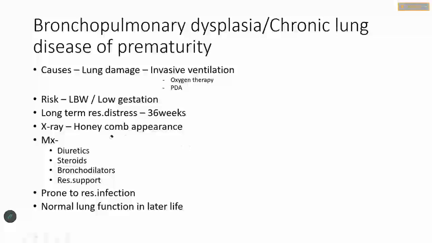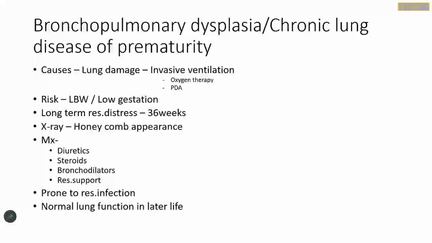When we do the X-ray, we can see a honeycomb appearance. How to manage? What we are going to do in the patient with bronchopulmonary dysplasia is reduce the stress to the lungs as much as possible. We give diuretics to reduce the amount of fluid within the lung cavity.